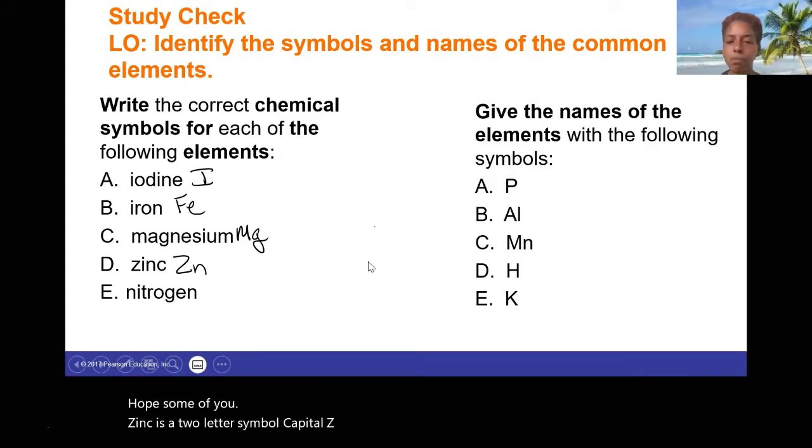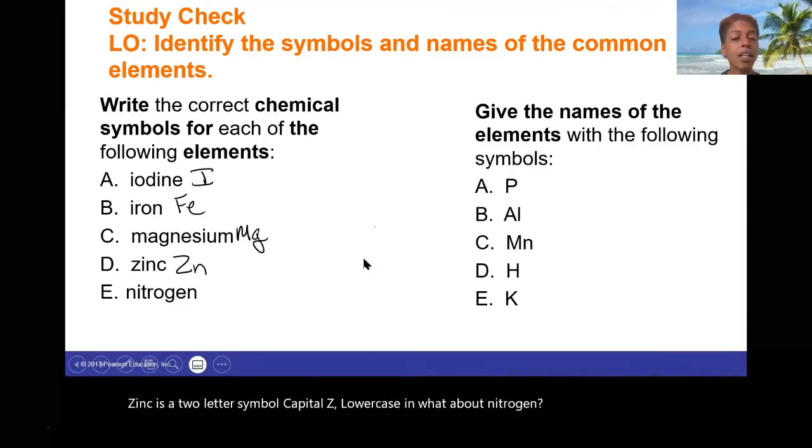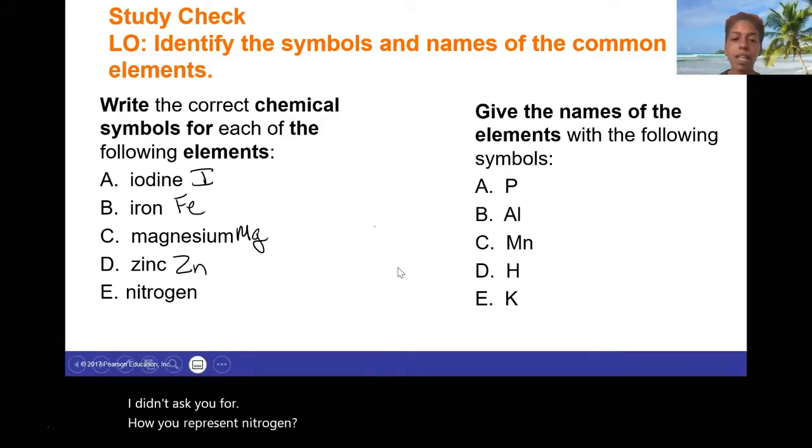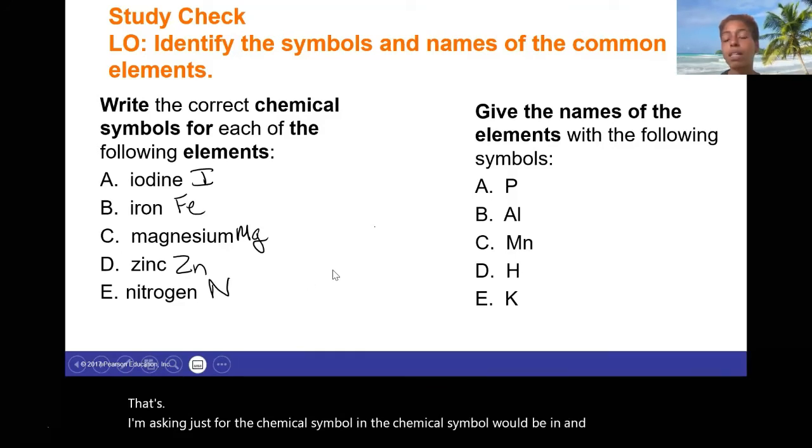What about nitrogen? Capital N. All right, so I see a couple of you wrote N2. I didn't ask you for how you present nitrogen. I'm asking just for the chemical symbol, and the chemical symbol would be N. N2 represents the molecule.